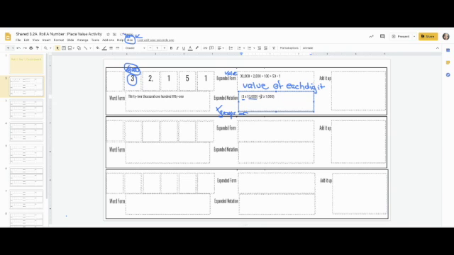Make sure you put the parentheses around it. 1 group of 100. 5 groups of 10. 1 group of 1. And it all equals 32,151 if you add them up.